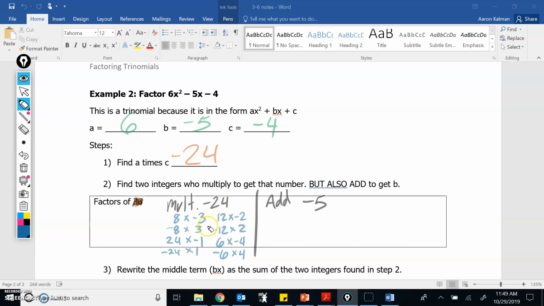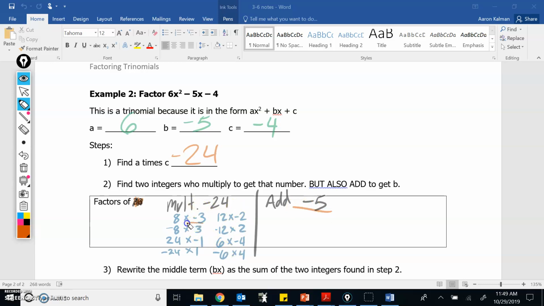I know you guys are like, do I really have to list all the factors out? Right now you do, because some of you aren't as great at finding the factors in your head and adding to get the other number. So list all the factors. It helps. Now let's figure out which of these adds to get a negative 5.